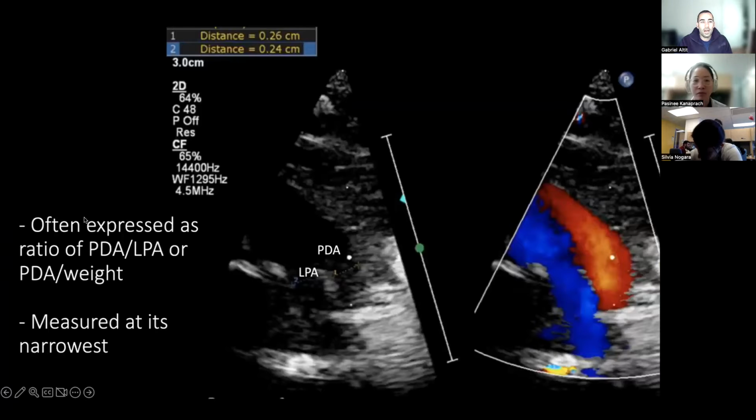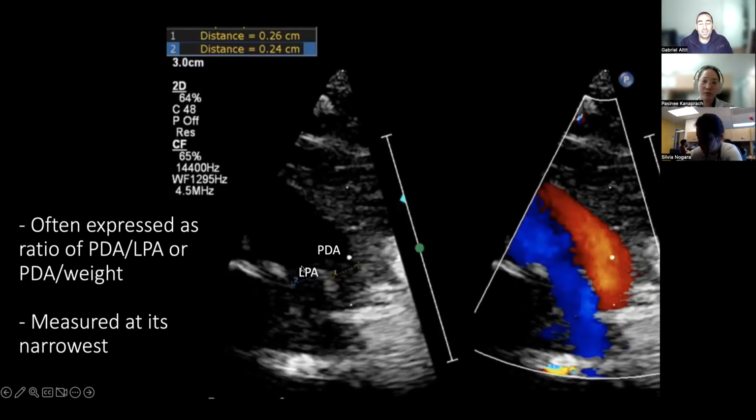So typically, we measure the ductus arteriosus at its narrowest measurement because it's like a funnel. You want to measure it in the 2D view where you see the two borders of the wall.